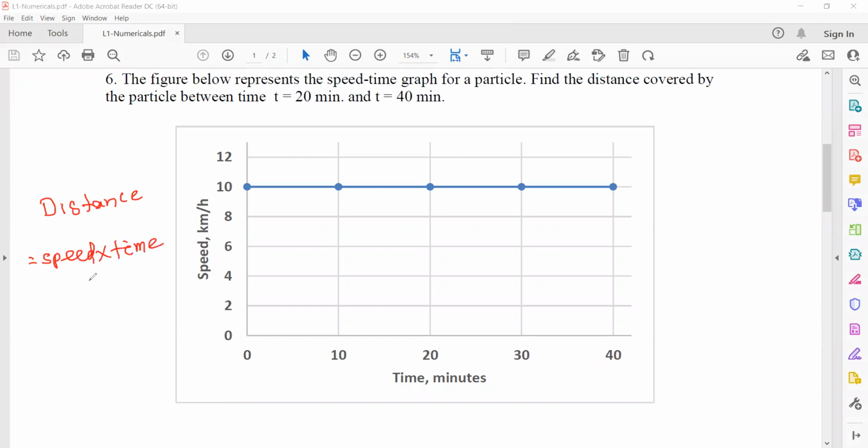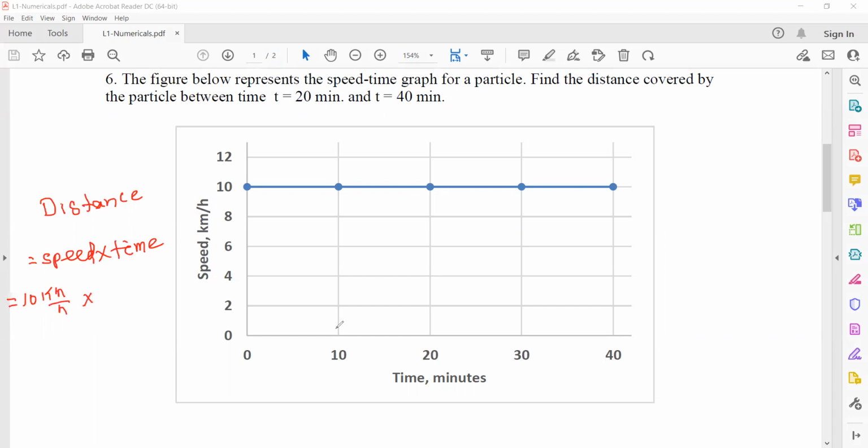Speed is along the y-axis, time is along the x-axis. So speed, you see the plot for speed, this is a straight line, the blue line you can see, and this has not changed during the course of motion of the particle. So speed is fixed at 10 kilometer per hour.